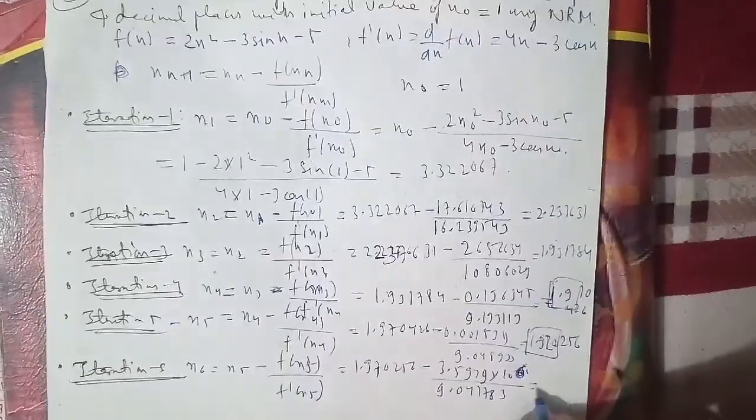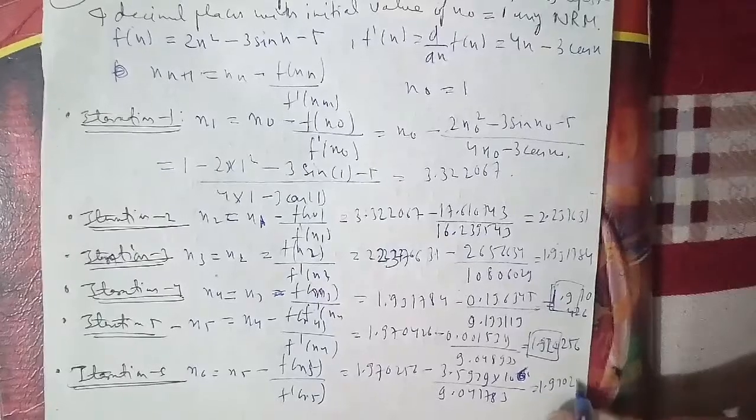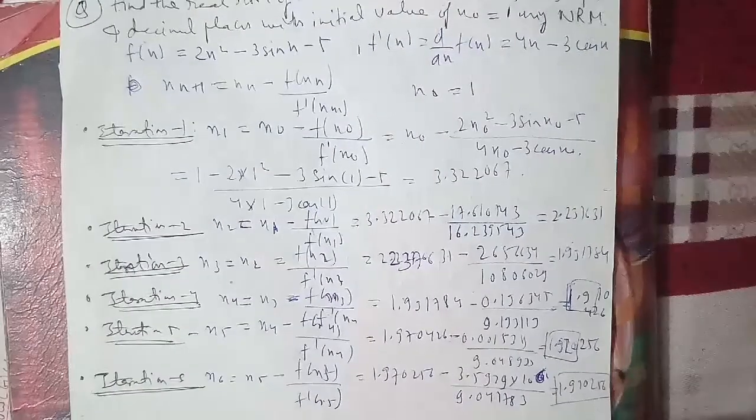So the root is repeating up to 6 decimal places, and hence it is correct up to 6 decimal places here as well.